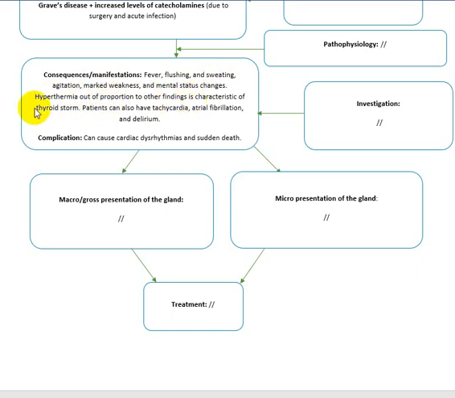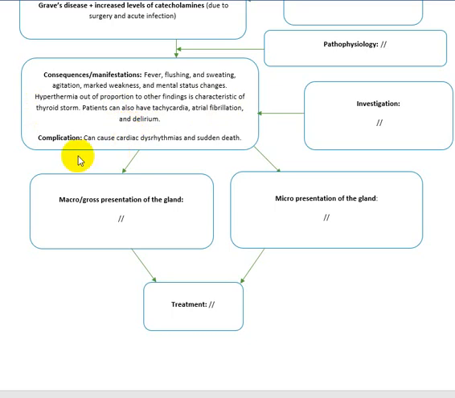So the hyperthermia here is extreme. Even if you are given a cold environment and you remove all your clothes, the person has hyperthermia, he feels excessive heat. Patients can also have tachycardia, atrial fibrillation, and delirium. All these are signs of hyperthyroidism.